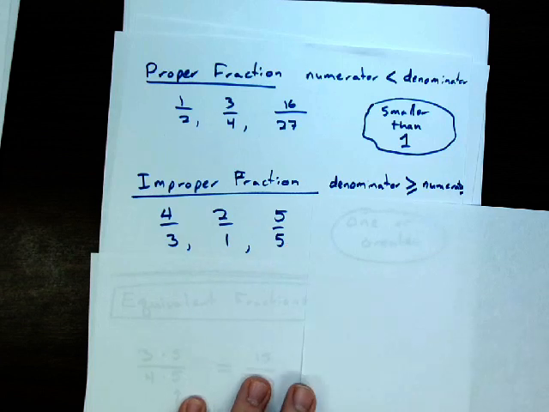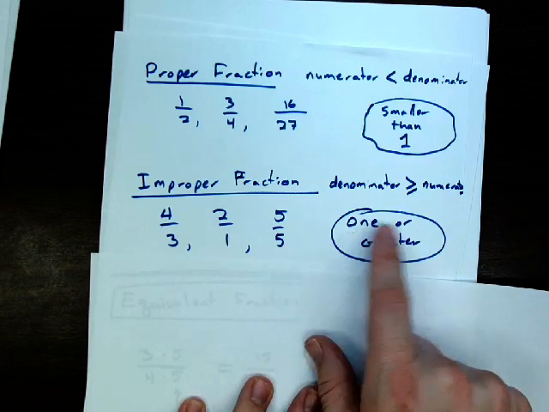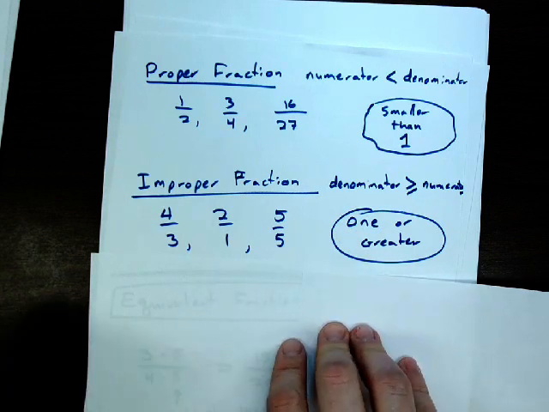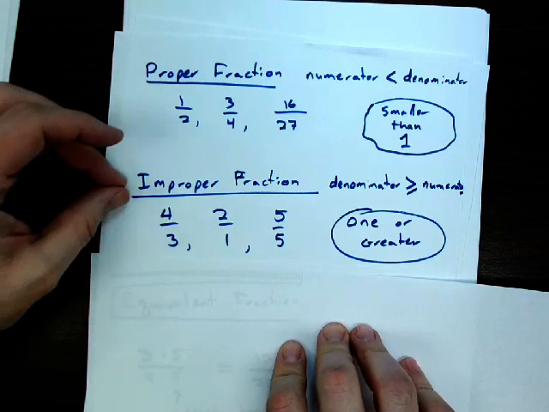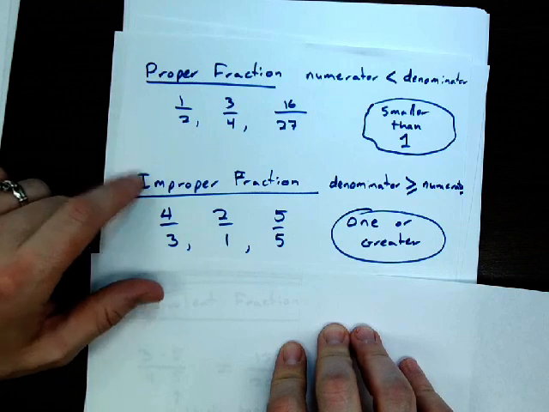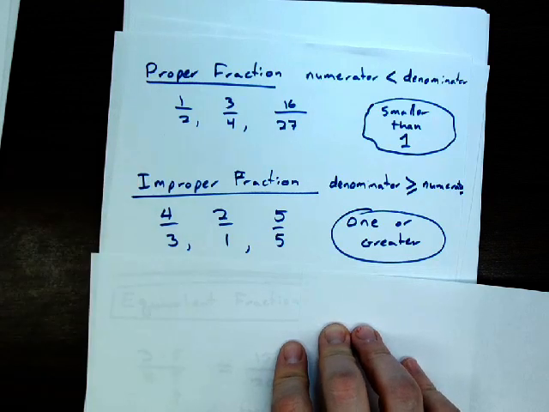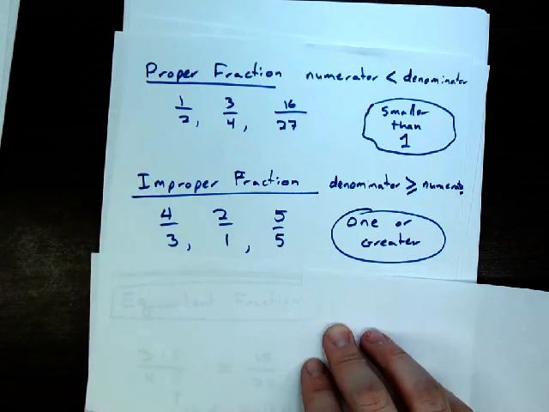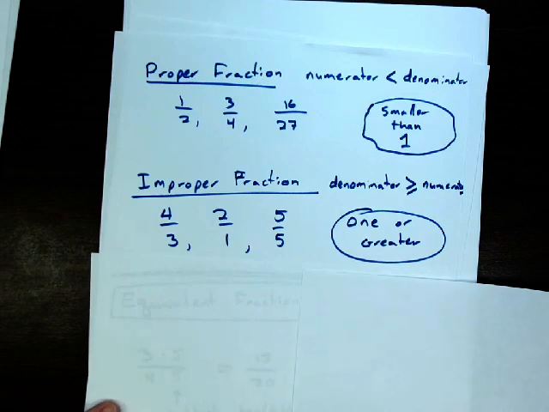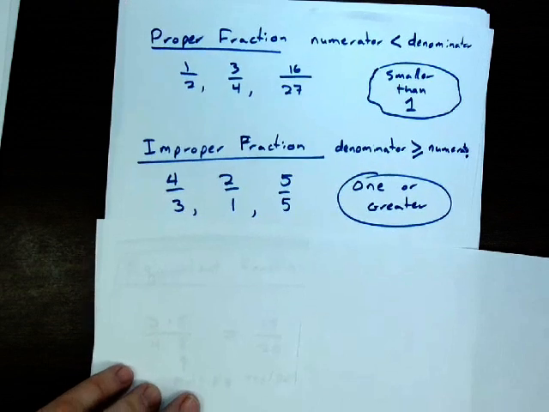So each of these numbers are going to be equal to 1, or they're going to be bigger. Now, also, don't let the name improper fraction scare you. It's just a title. A lot of times improper fractions are easier to work with than our mixed numbers, which we will talk about later.